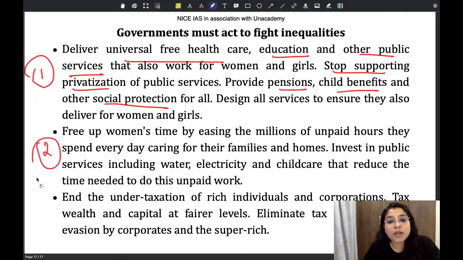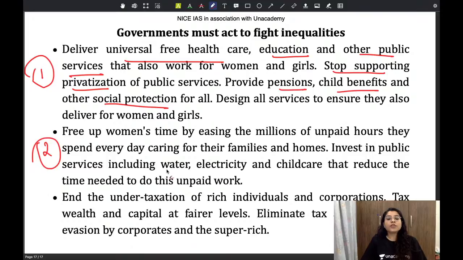women contribute a larger section of their time to the unpaid care activities. And because of this, their participation in the economy is limited. Their participation in the social and political activities is also limited. So one of the suggestions given to reduce the inequalities is to free up this time. Ease the working hours for women and invest in public services.